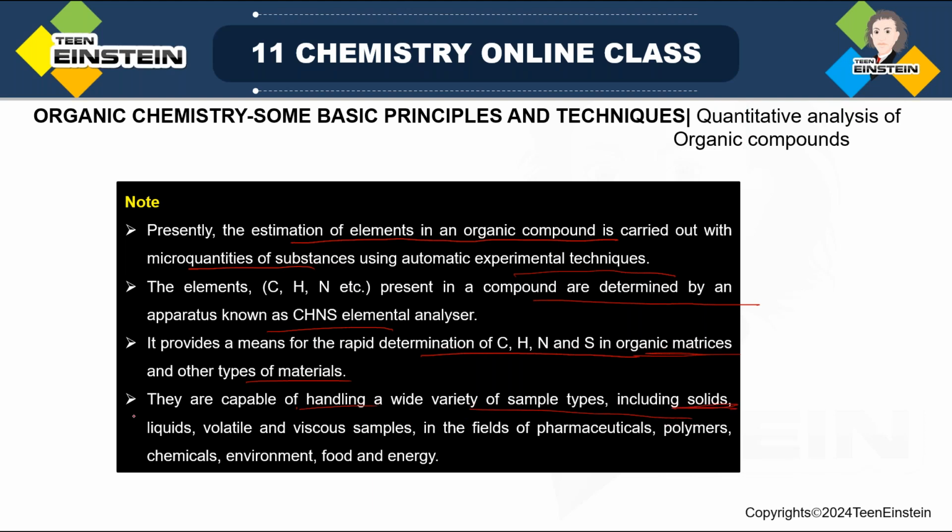It may be solid, liquid, volatile, or a viscous sample. Organic compounds are very common in pharmaceuticals, polymers, environment, food, energy, so this is very versatile. Its application is not limited to organic compounds, but as we are talking only about organic compounds, just know that the CHNS elemental analyzer is the modern method we use for estimation of all these elements.